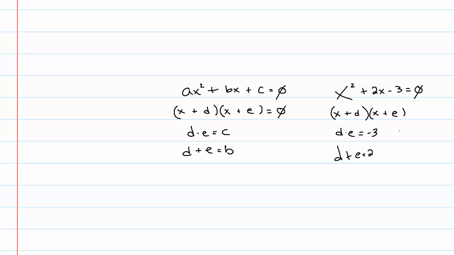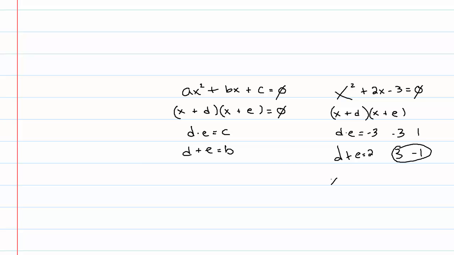Now the factors of 3 are just 3 and 1, so we can have negative 3 and 1, or positive 3 and negative 1. Now, these two numbers need to add up to give us a positive 2. So we can only use these two.